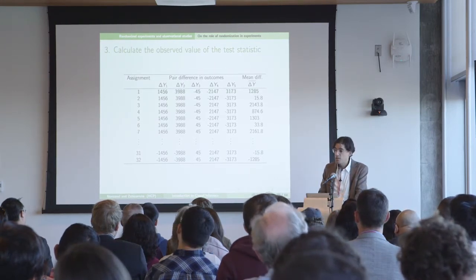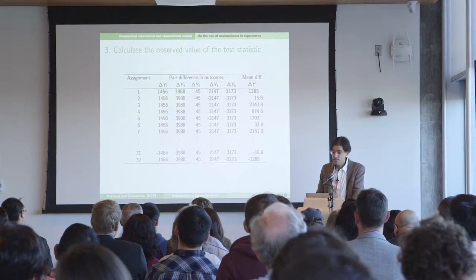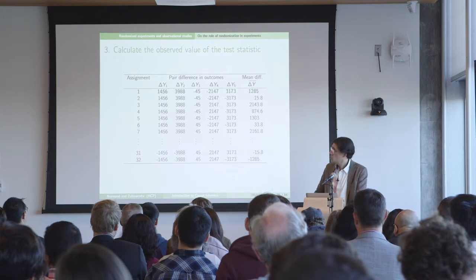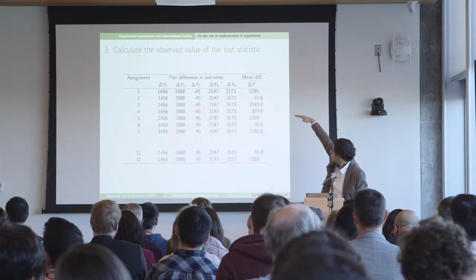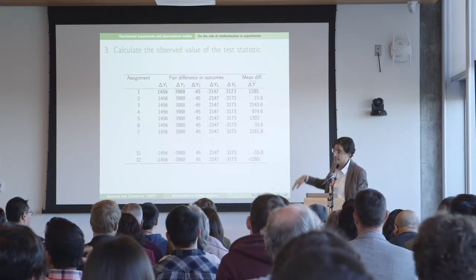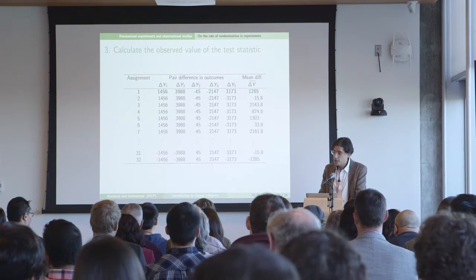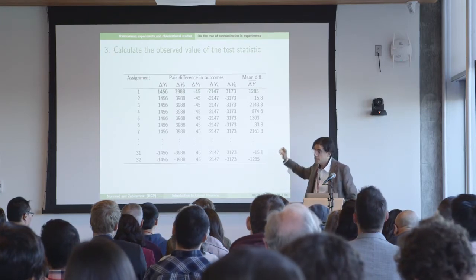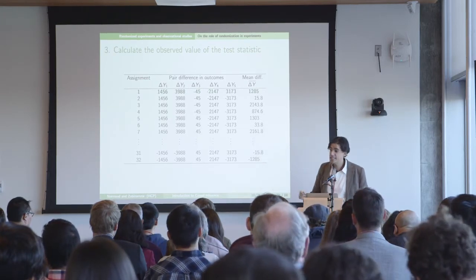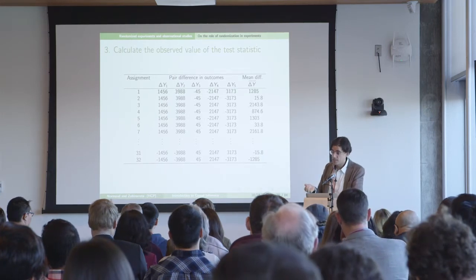We can answer that question by fixing a significance level, say 5%, the usual level, and just by counting. So what we're going to do here is sort all the values of the test statistic in decreasing order, and we're going to compute the cumulative probability of observing a test statistic at least as large.